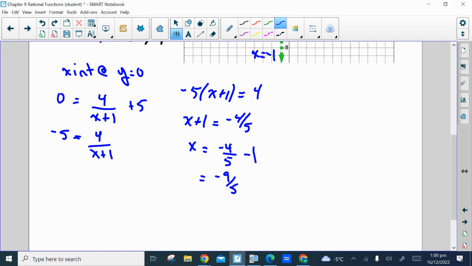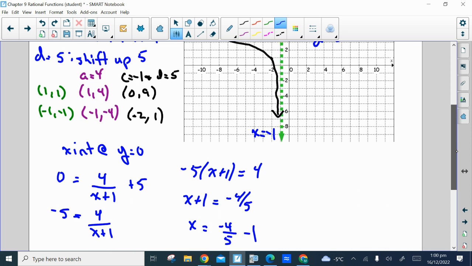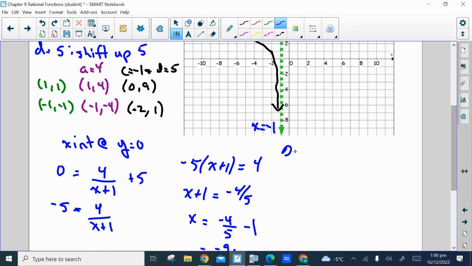Like we said, it's between 0 and -2. So this is our x-intercept, (-9/5, 0). Our domain: all values of x such that x cannot equal -1, because that's where our asymptote is.